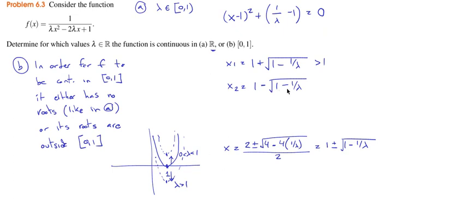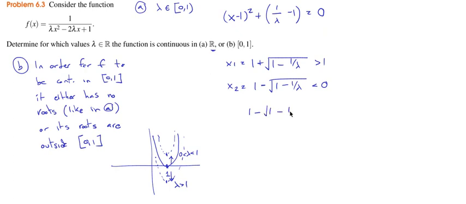So what happens? How do we say it? We need to enforce that this is smaller than 0. This has to be out of the 0, 1 interval. So when is this true? 1 minus the square root of 1 minus 1 over lambda has to be smaller than 0.